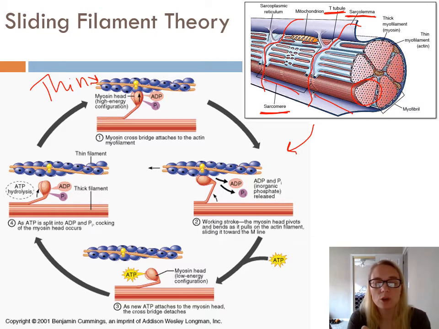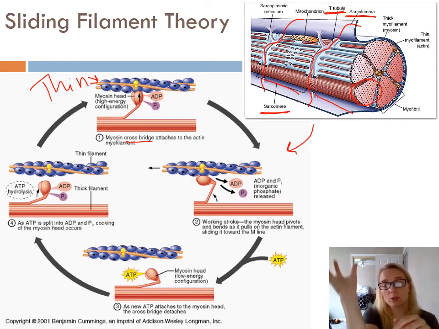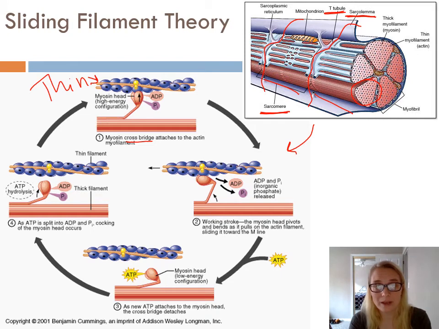When the calcium shows up, the active site, the binding site, is revealed, and so what happens is we make this cross bridge. So in the presence of calcium, the myosin head can reach up and grab onto that thin filament, and it's powered by ATP.